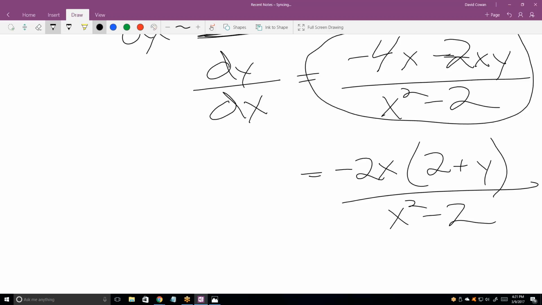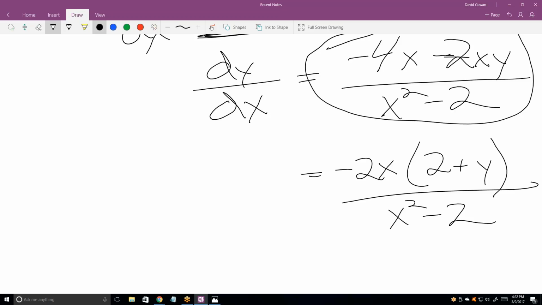Because of that, I wouldn't even go to the trouble of factoring out that minus 2x. If I had a 2x in the denominator, well then that'd be different. Then I would go ahead and do it because I can cancel it out. So how much algebra you choose to do kind of depends on whether you can simplify it further.